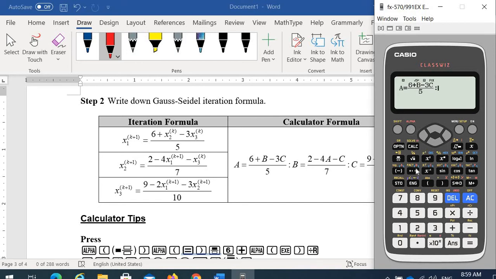So alpha B, okay, alpha calc, press the button. I want equal B. Press okay. 2 minus 4 alpha A minus alpha C divided by 7.